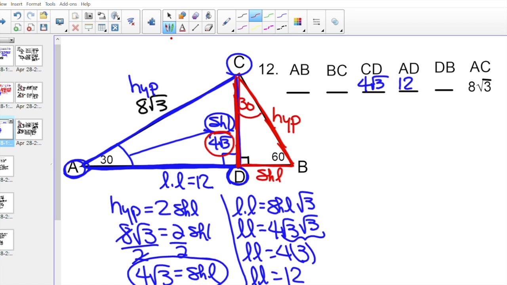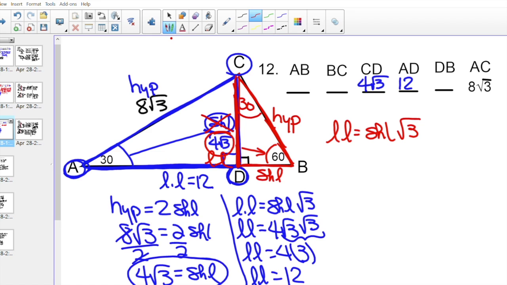Now in the blue triangle, CD was the shorter leg. That's in the blue. Now in the red triangle, he's the side opposite the 60-degree angle. So he has to take on the other name of longer leg. Well, if we've given the longer leg, what do we know about the longer leg is that he is the shorter leg times the square root of 3.